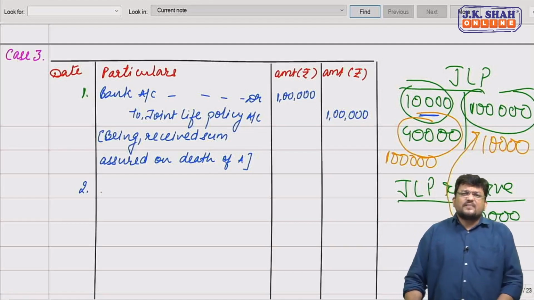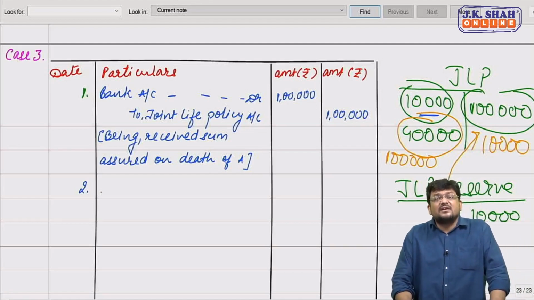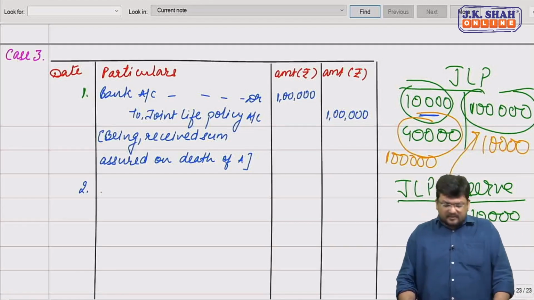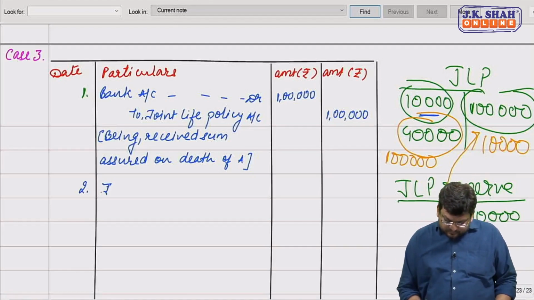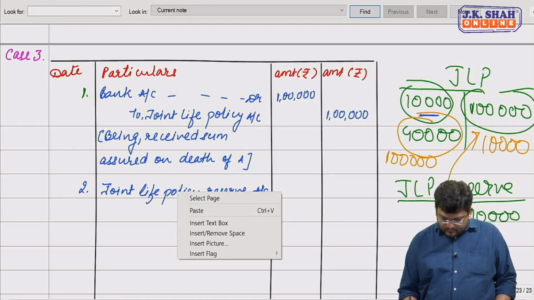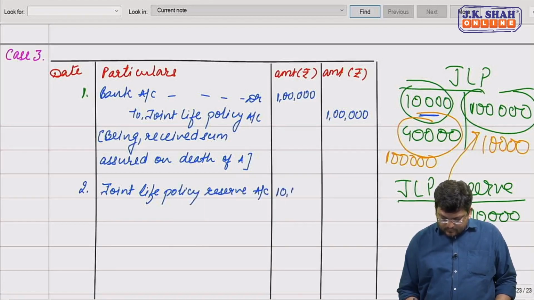JLP reserve is having which balance? Sir, JLP reserve is having a credit balance. To close that, JLP reserve account is to be debited. So the entry will be joint life policy reserve account debit to joint life policy.